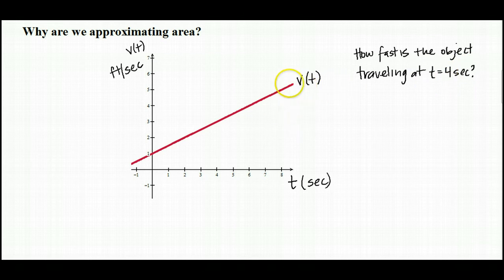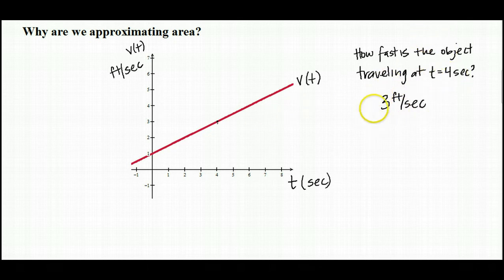Well, I can look at the t-axis at time t equals 4, and since this tells me the velocity, I can say that the velocity of the object at 4 seconds is 3. So the object is traveling at a rate of 3 feet per second just by looking at the graph at time t equals 4 seconds.